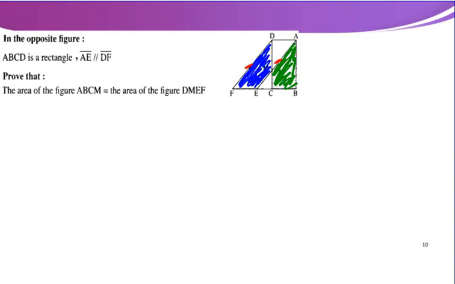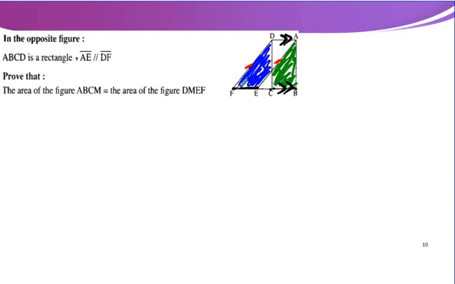First, ABCD is a rectangle, right? So AD is parallel to CB from the properties of the rectangle, right? And F belongs to the ray BC, right?